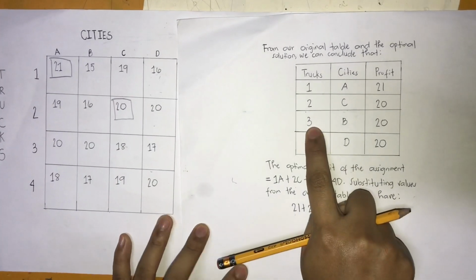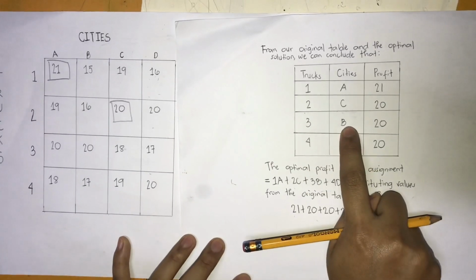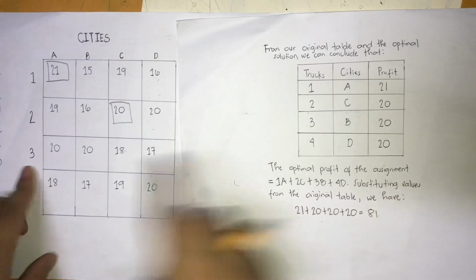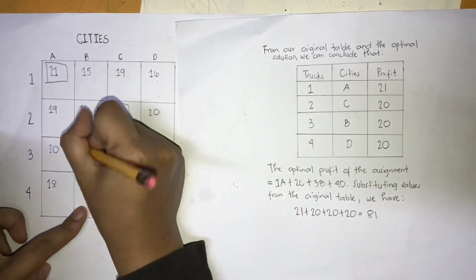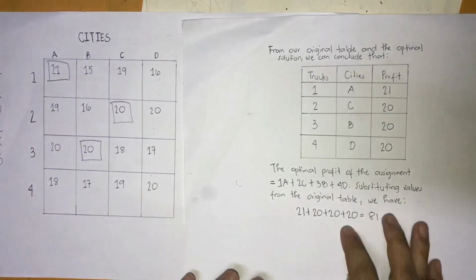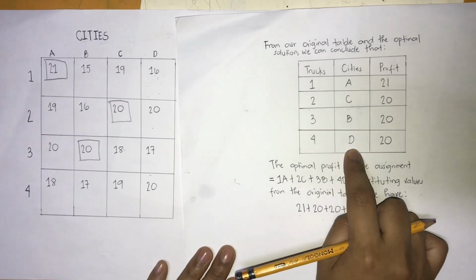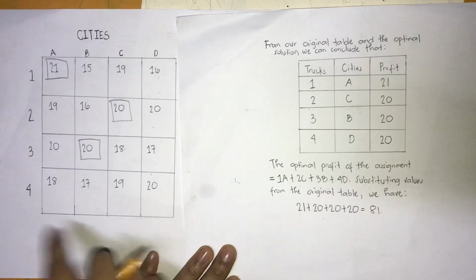Si truck 3 sa city B siya mas daghan og halin and equals to 20, and 3B. Truck 4 sa city D siya mas daghan og halin which is equals to 20 also.